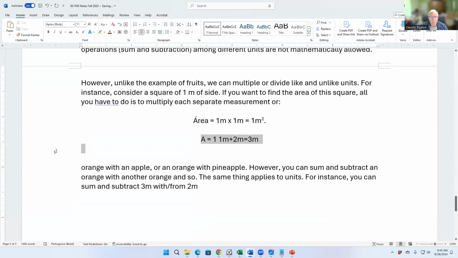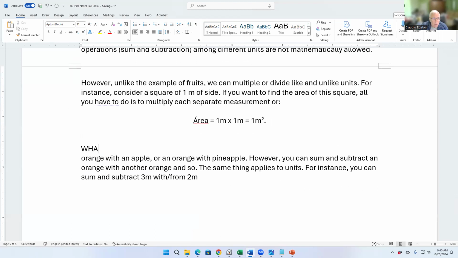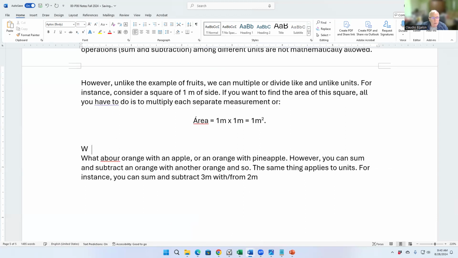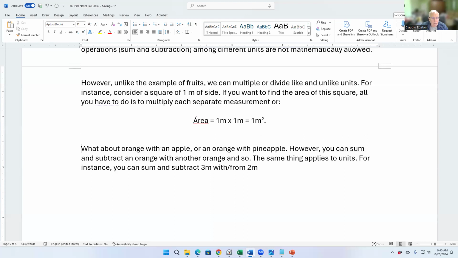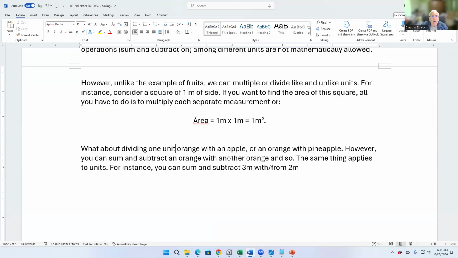What about dividing one unit by another?